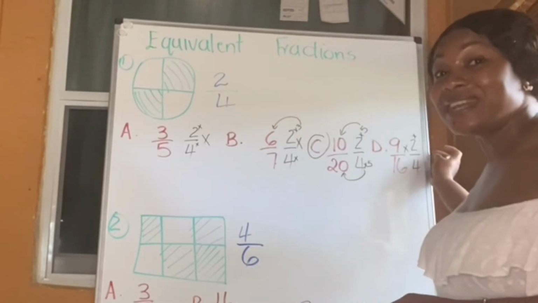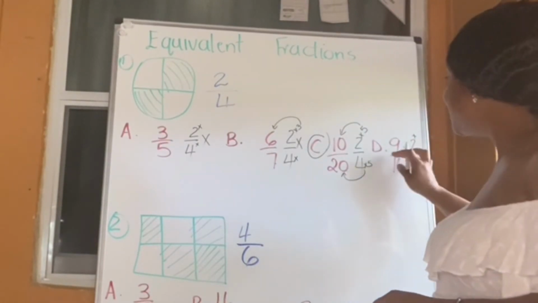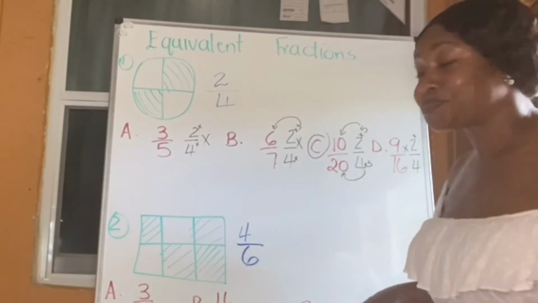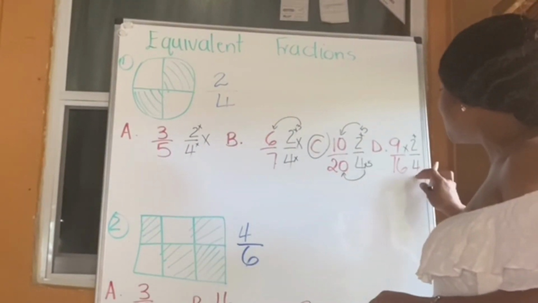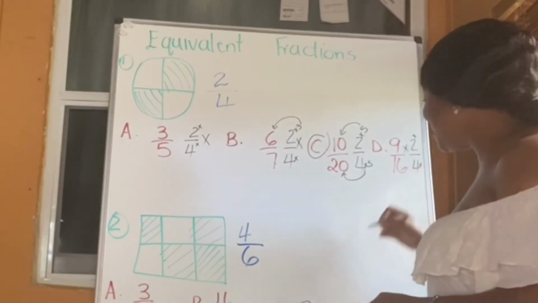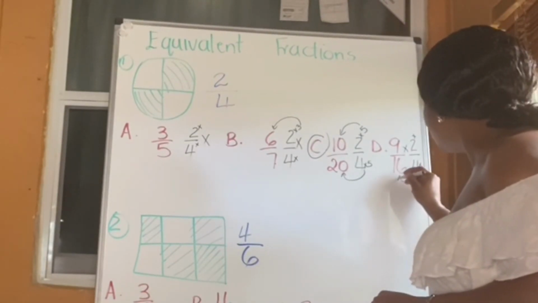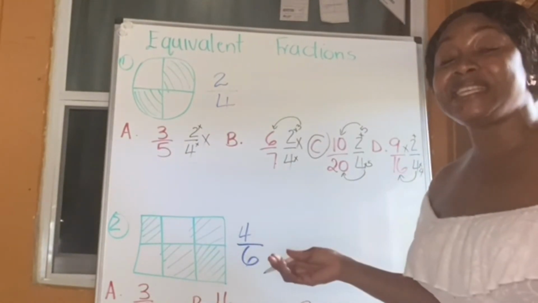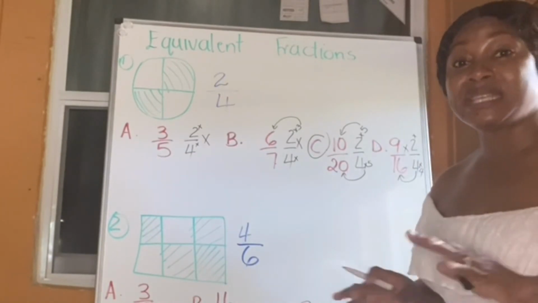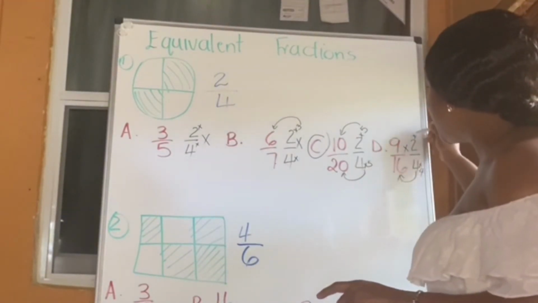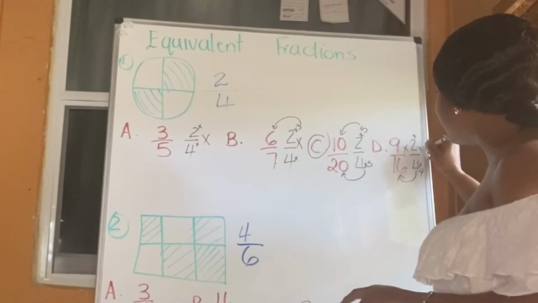Is there anything I could multiply by 2 to get 9? No. Is there anything I could multiply by 4 to get 16? Of course, it is 4. So 4 times 4 is 16. However, the answer is incorrect because we cannot multiply 2 by 4 to get 8.